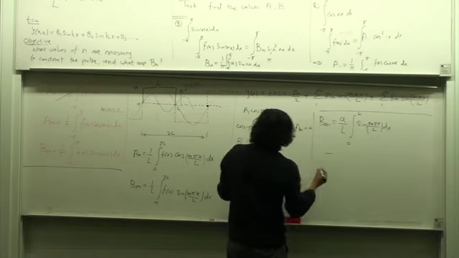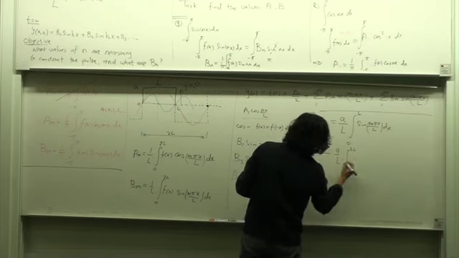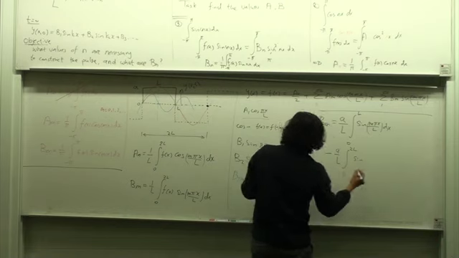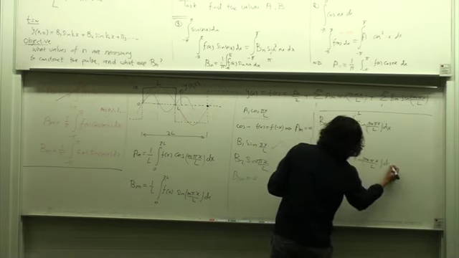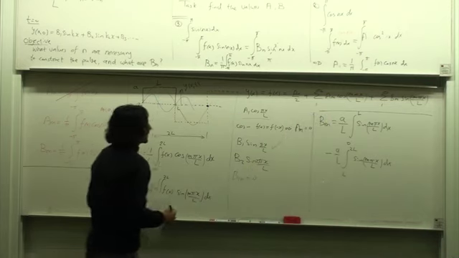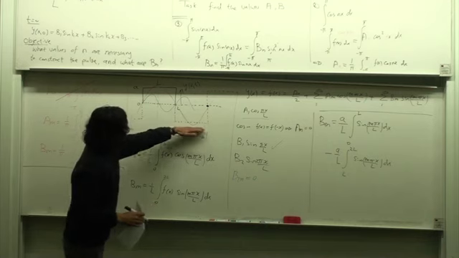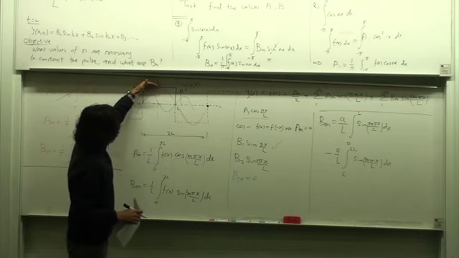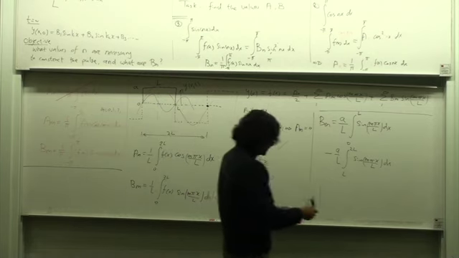minus A over L from L to 2L sine m pi x over L dx. And this minus sign here would give me the negative values here. So the first half is positive, and the other half is negative.